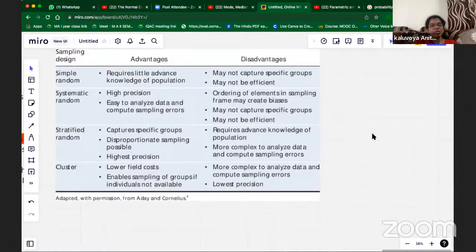So here, as you can see, systematic random sampling, stratified random sampling, and also cluster random sampling. Let us look at systematic random sampling, which is high in precision and also easy to analyze the data and compute sampling errors. And then you have stratified random sampling, where you capture a specific group.